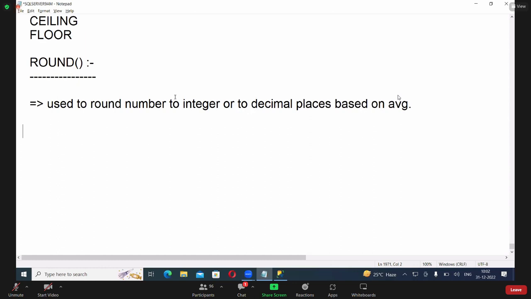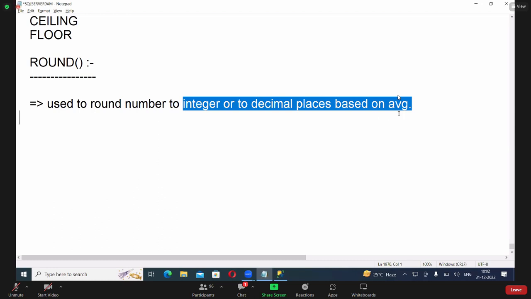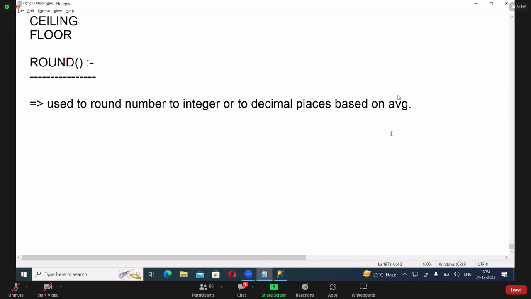Use it to round a number to an integer or to the decimal places based on what? Based on the average.